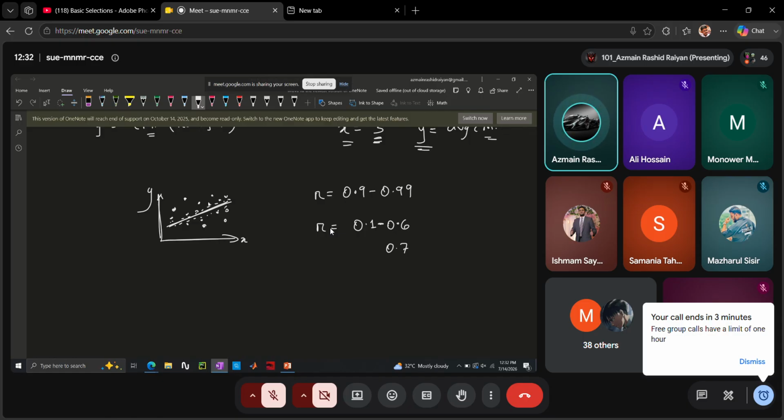If I ask you why this vastness or this deviation has occurred, you will comment on the basis of your correlation coefficient. As my correlation coefficient value is low, my correlation is weaker. This weak correlation leads to more deviation, while a strong correlation provides an accurate value or lower deviation.